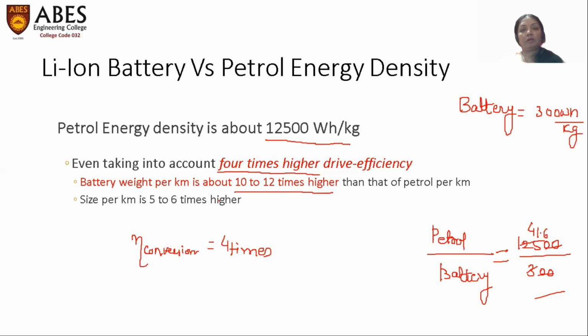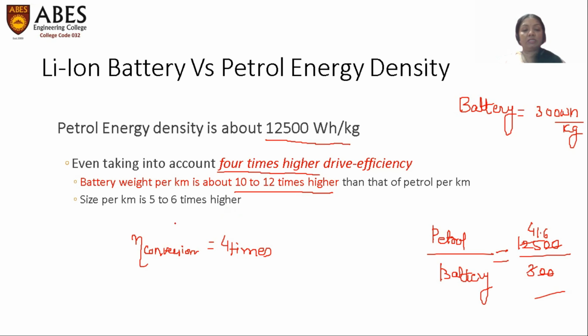Then for running the vehicle for 100 kilometers, we require almost 6.67 liter of fuel. If the density of the petrol is 0.7 kg per liter, then the weight of the petrol comes to around 4.5 kg. So 4.5 kg of petrol would be required for making the vehicle run for 100 kilometers.